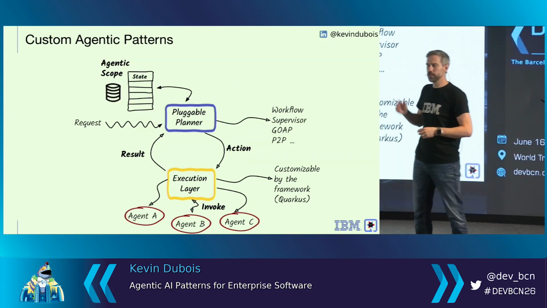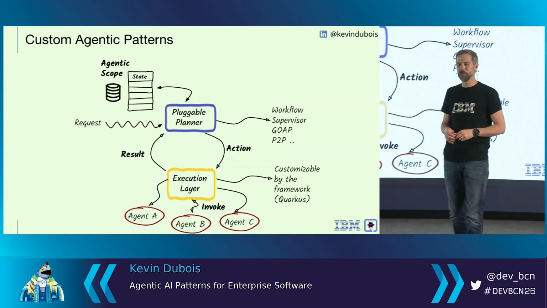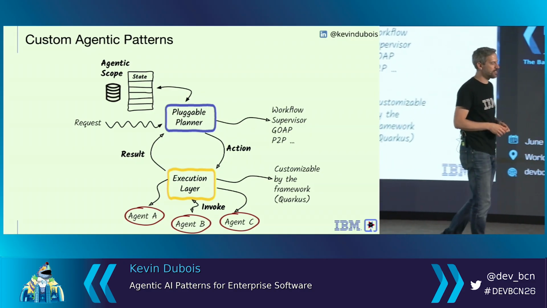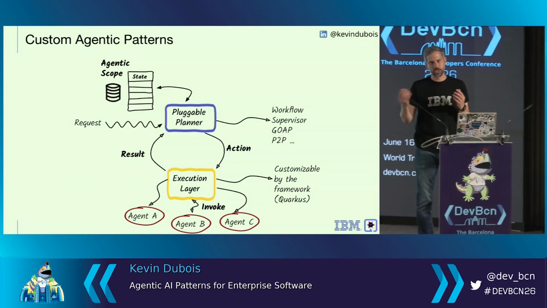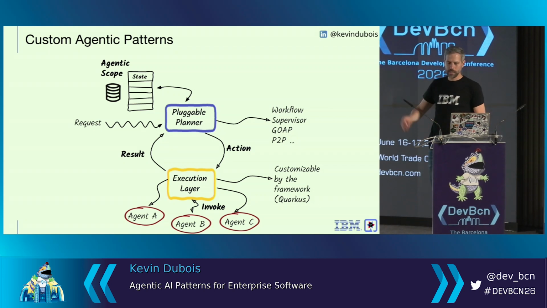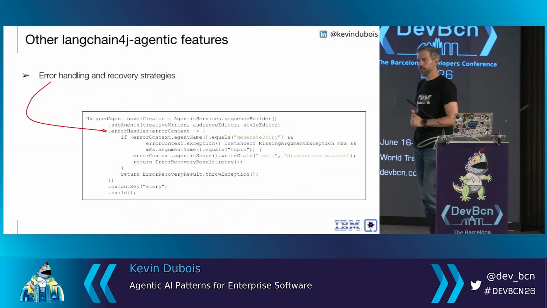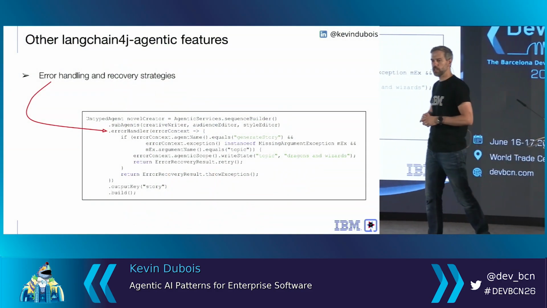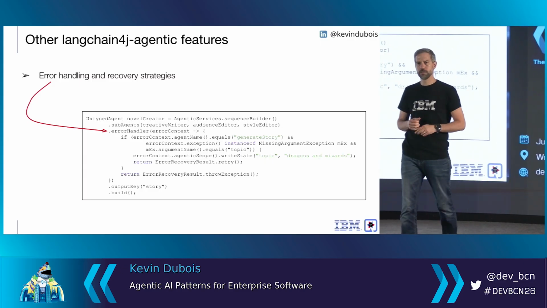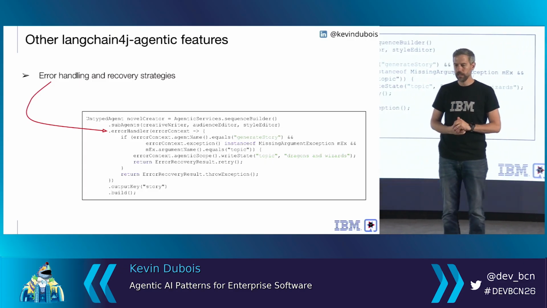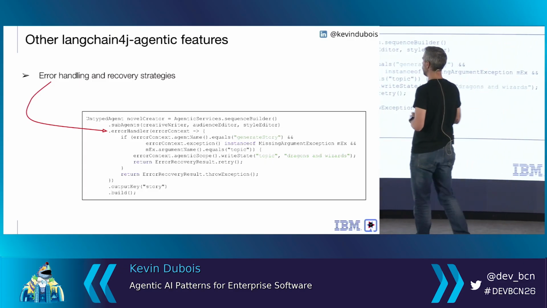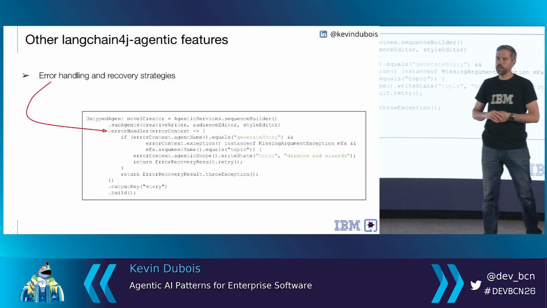Now, the examples that I talked about just now, we actually implemented all those as extra patterns in LangChain4j, but just to give you an idea, you can actually plug in your own planner as well. So this gives you a lot of flexibility. Some other LangChain4j agentic features that are also important, especially in enterprise settings, is of course error handling, recovery strategies.